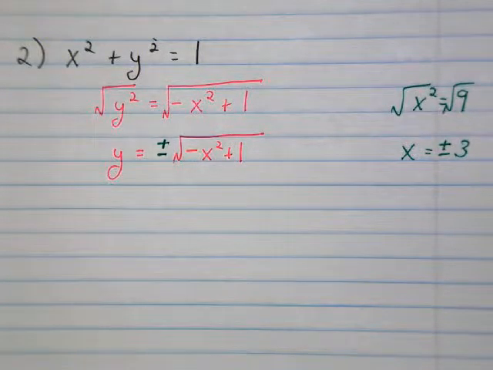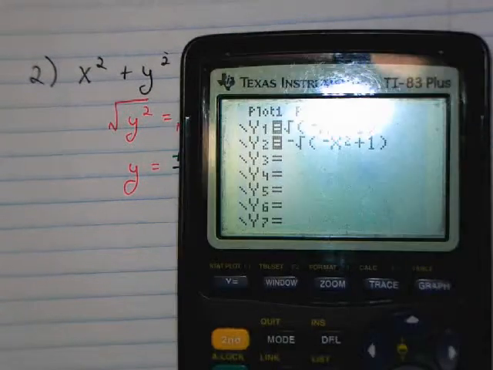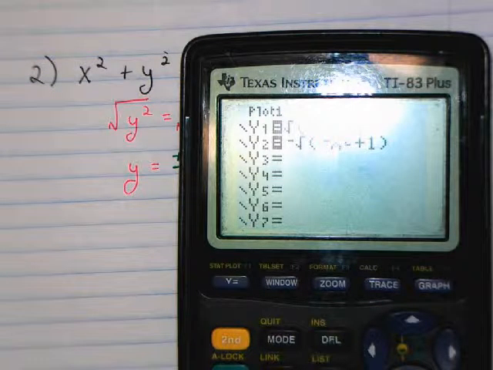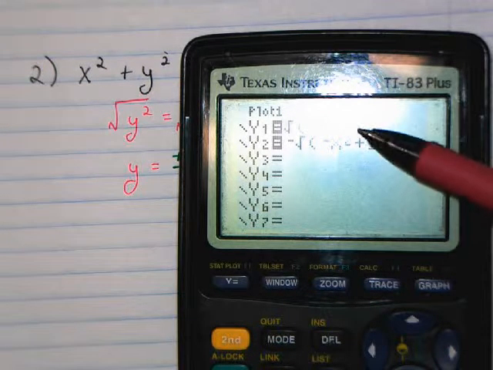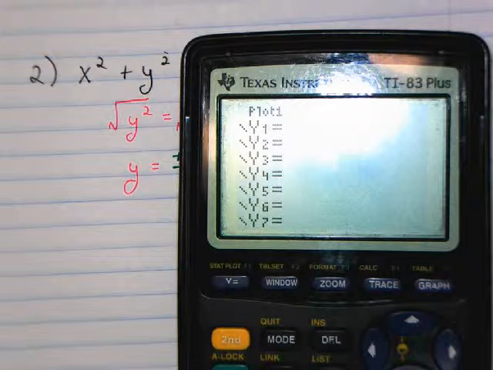Alright, so now grab your graphing calculator. Hit your y equals. I'm going to go ahead and type in both the functions. I've already typed them in, but let me clear them out so that you can see the keystrokes if you need them. You're going to hit second square root. Now, on the 83s and 84s, the parenthesis automatically comes up.